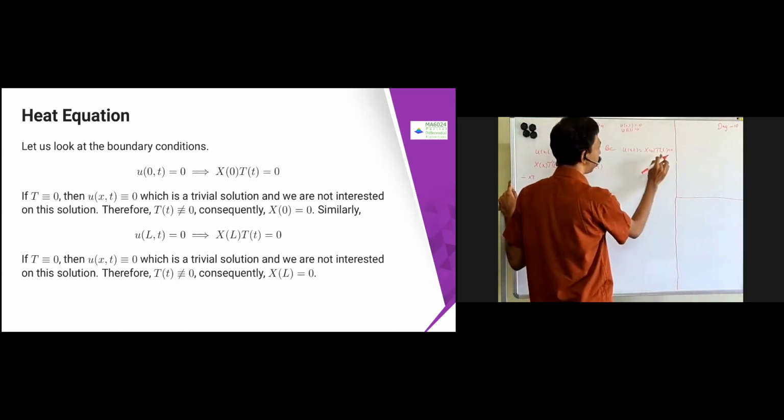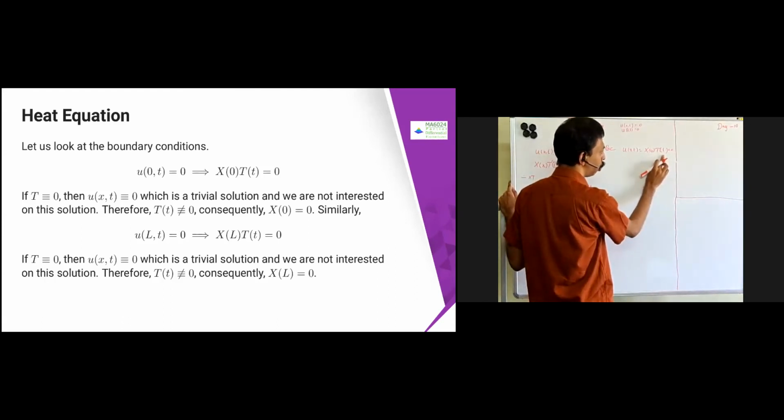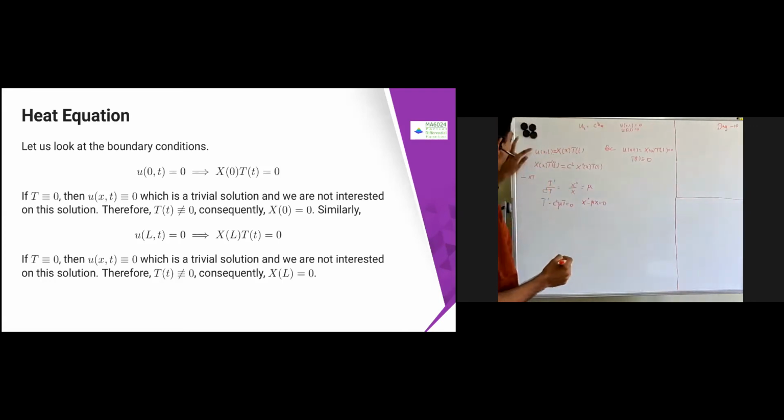So either X of 0 equals 0 or T of t equals 0. If T of t is simultaneously 0, then u becomes 0.